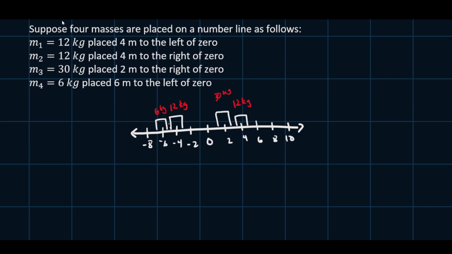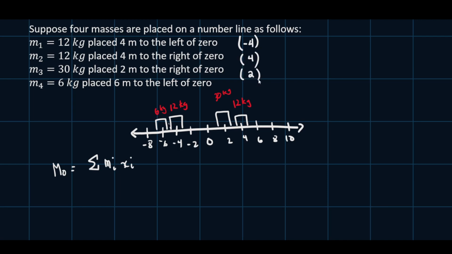And then, we proceed by getting the center of mass. No? The total moment, it's again given by the summation of m sub i, x sub i. Clearly stated dito yung mga m sub i's. Yung x sub i, ilagay lang natin. This one will be -4. This one will be 4.